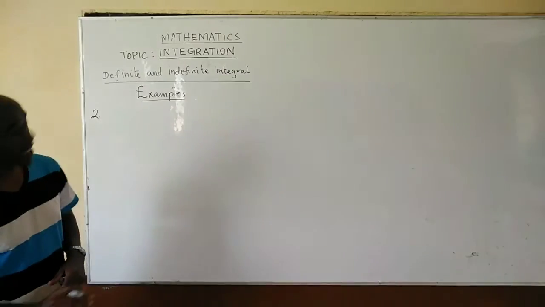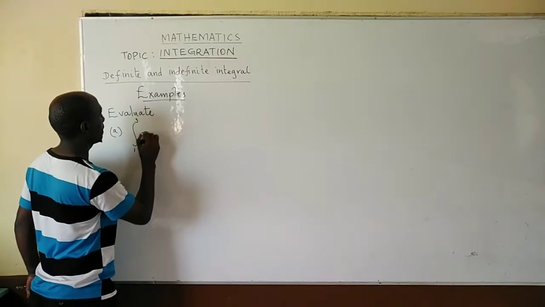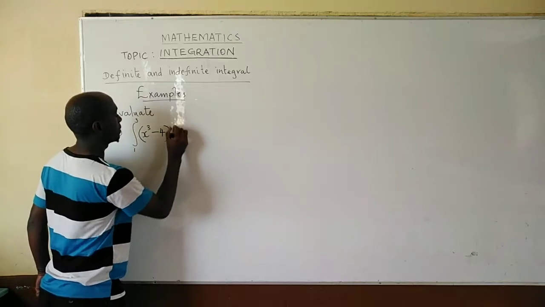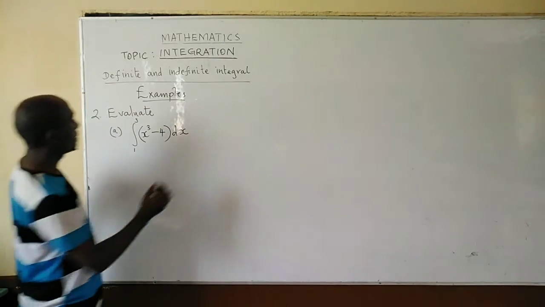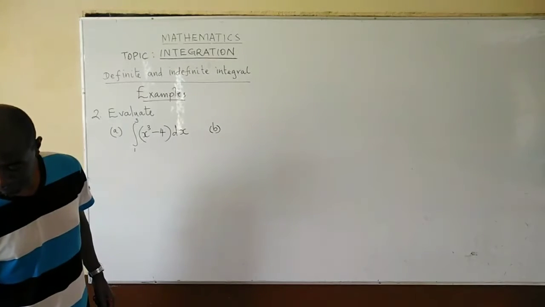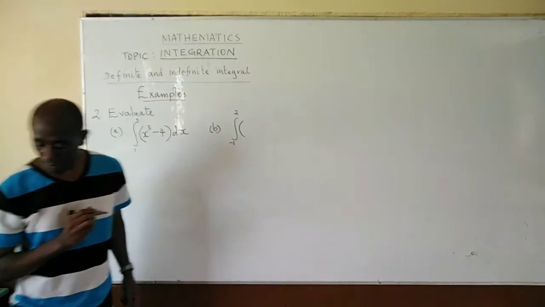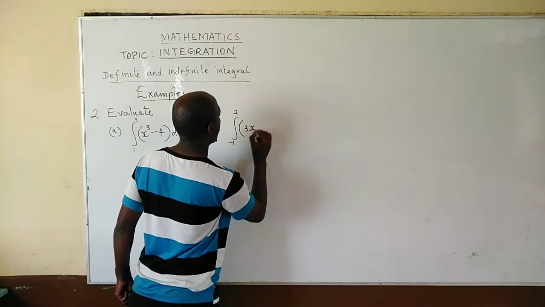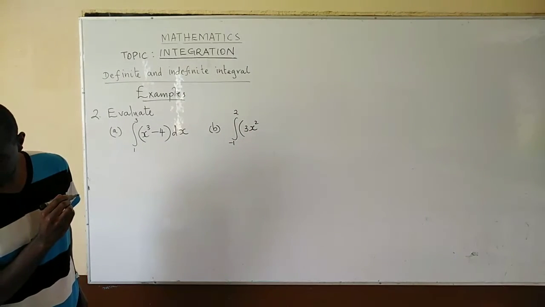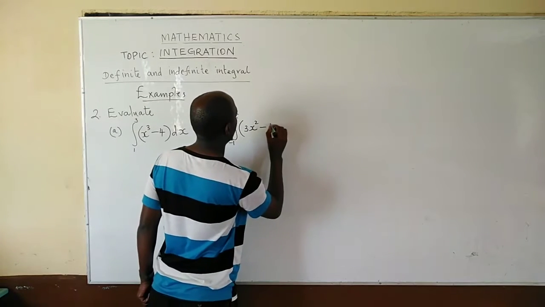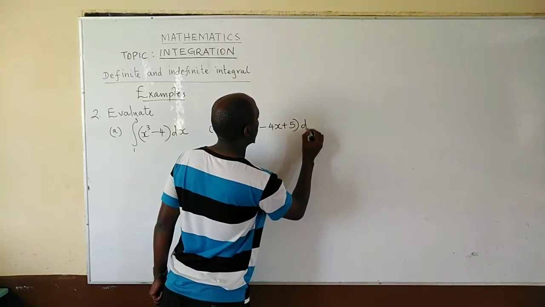Example 2. This is now definite integral. Evaluate a, 3x power 3 minus 4 brackets dx, and b, 3x squared minus 4x plus 5, with respect to x.